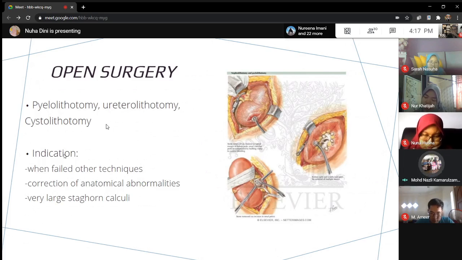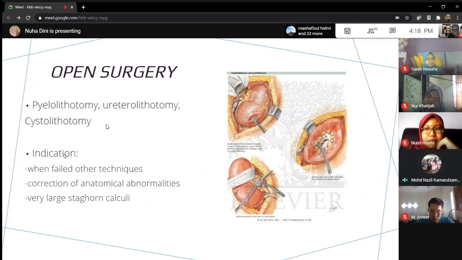Another one that is still gold standard is ureterolithotomy. Although you have URS, for what we call a large impacted ureteric stone, about 2 cm, when you do URS in this type of case, the ureter can be perforated, and the perforation can be large and not easily heal by itself.